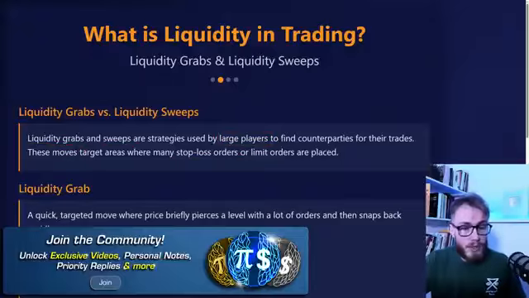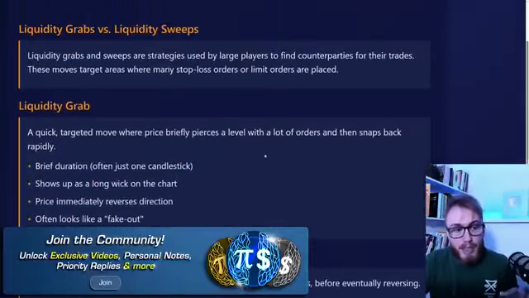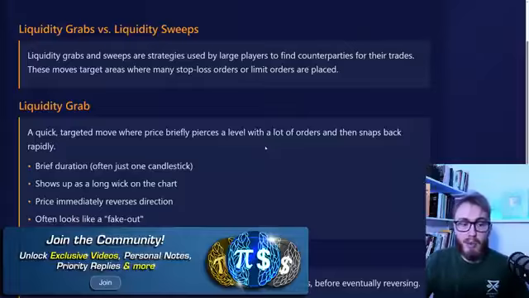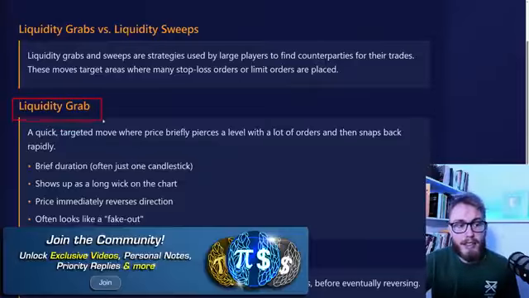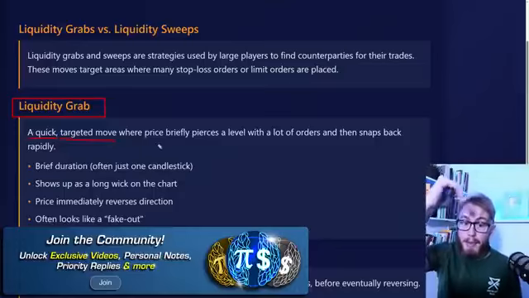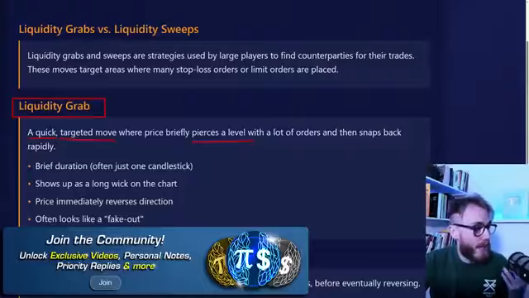But first, we need to understand that there's a slight difference here between liquidity grab and liquidity sweep. Some traders will use them in the same way, that they mean exactly the same, but there is a bit of nuance here. So let's first take a look at the liquidity grab. A liquidity grab is a quick targeted move where the price briefly breaks or pierces a level with a lot of orders and then snaps back.